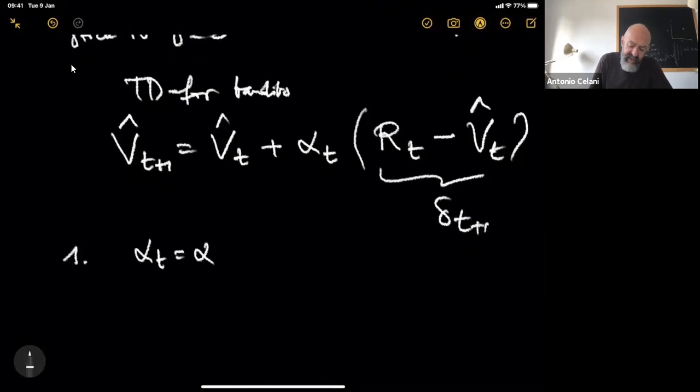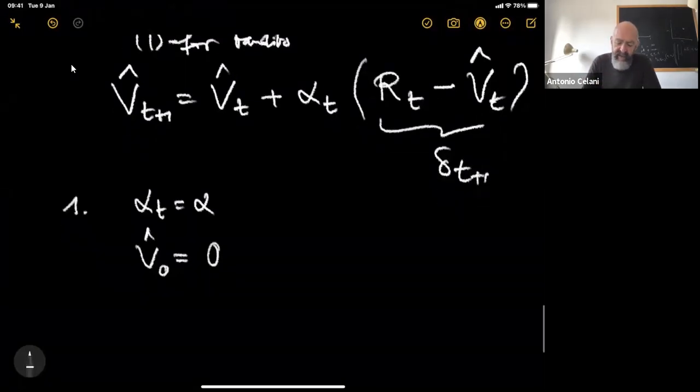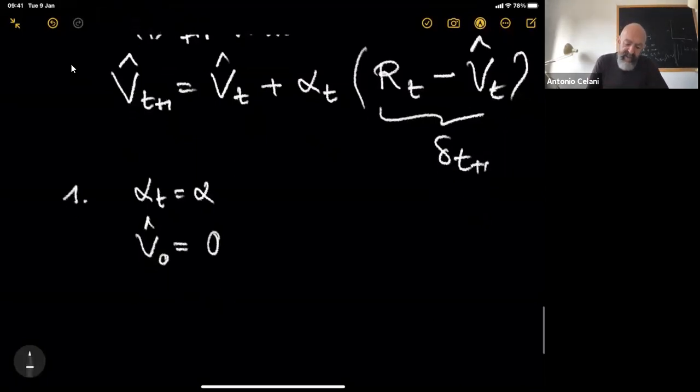So let's do this in a very pedantic way. Let's start with a guess and say that we choose 0 for our initial value. This is just meant to simplify the calculations, but you could choose any value. In fact, you don't know what the distribution of your rewards is, so it could be anywhere. It could be in the 1000s, it could be in the minus 1000s, it could be around 0, whatever. You don't know. So you start with your 0 guess, and at the first step, remember that you have your stream.